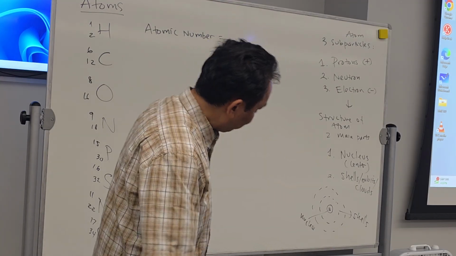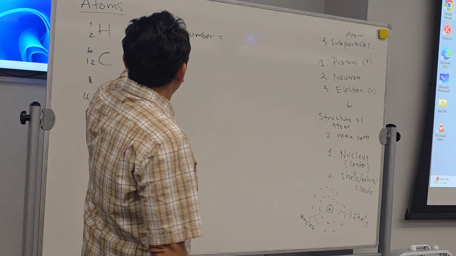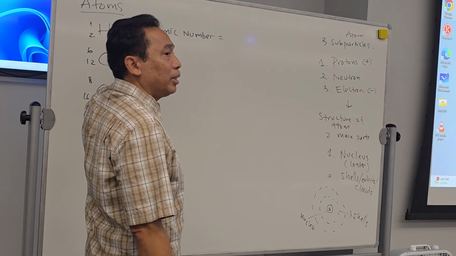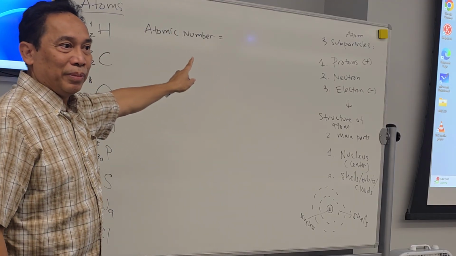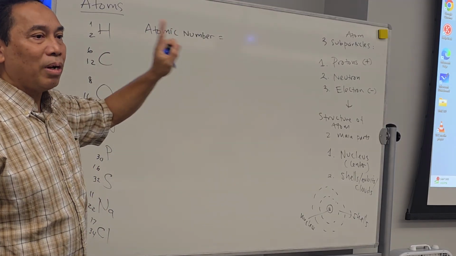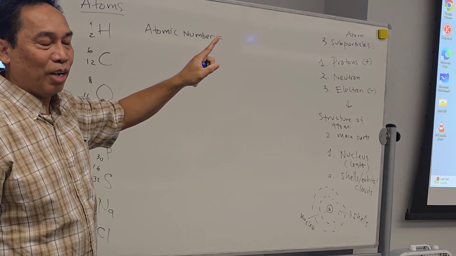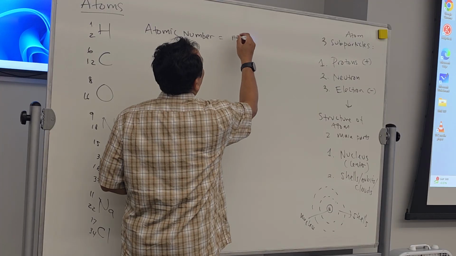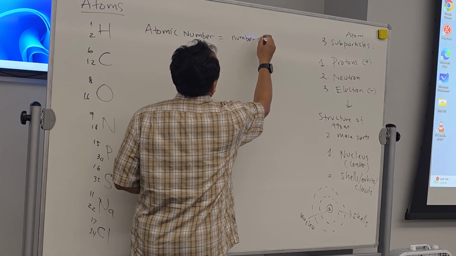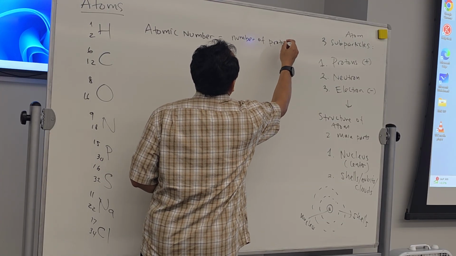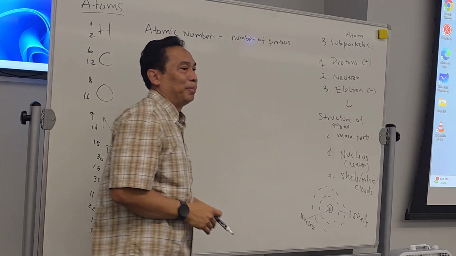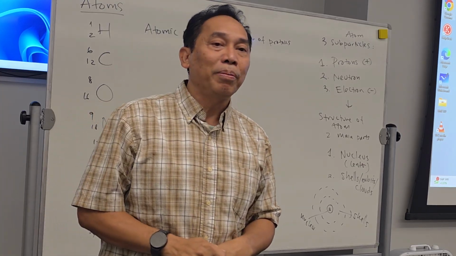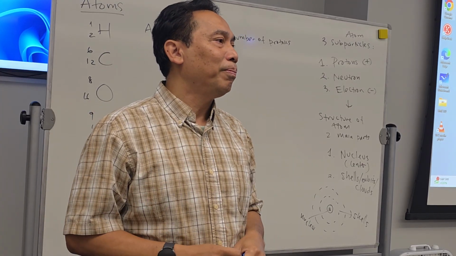Now, atomic number. What is it actually telling you? It is actually telling the number of the electron. Sorry. Atomic number is equal to the number of protons. Get it? Atomic number means this is the number of protons.